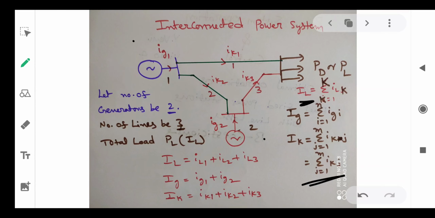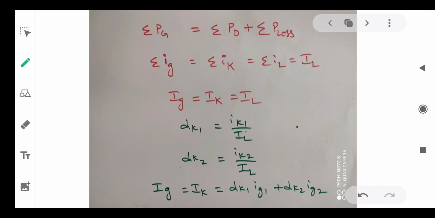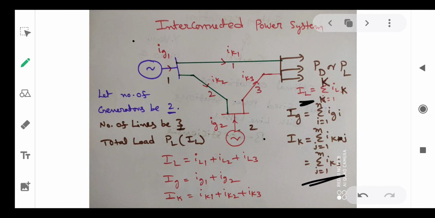So with n generators as 2, lines as 3, and total load as IL, this is the interconnected network. Therefore we can summarize that IL is equal to Ig is equal to Ik. Ig, IL and Ik are all the same.